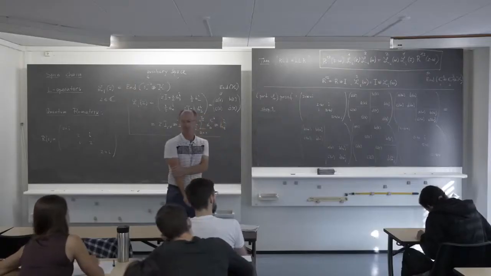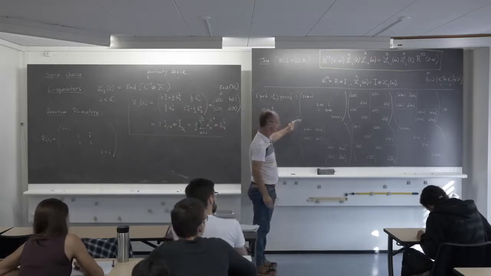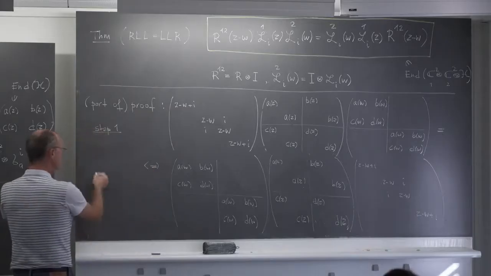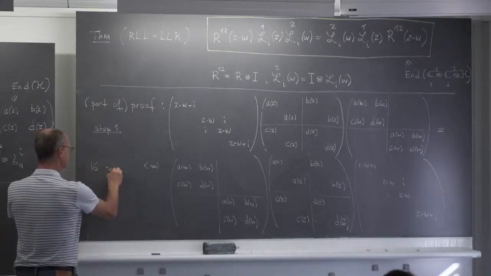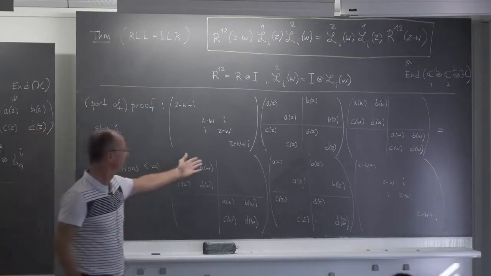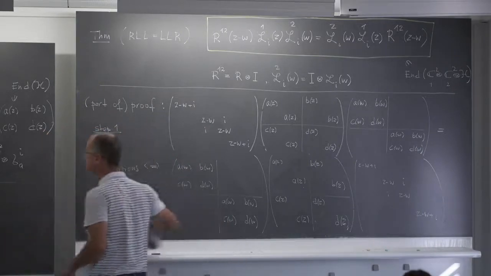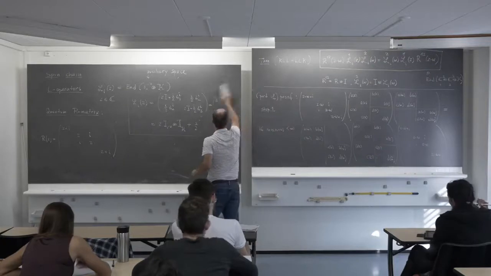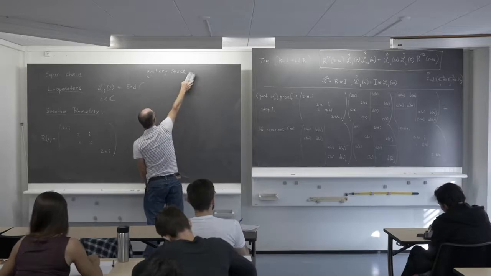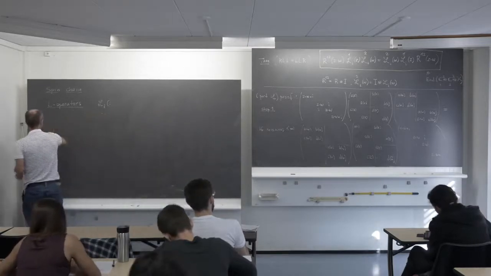So this matrix equation is equivalent to 16 relations between those operators A, B, C, and D. So we're not going to write down all of them or derive all of them, but we can easily imagine that, well, there are those 16 relations.